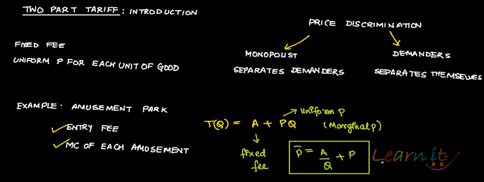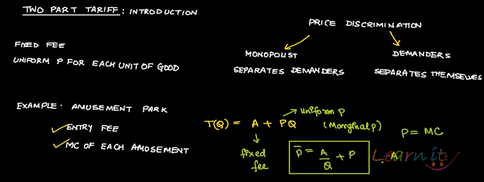Now, what you will do is set this price equal to MC. This is the first step. And you will set this A as the willingness to pay of the least interested buyer.